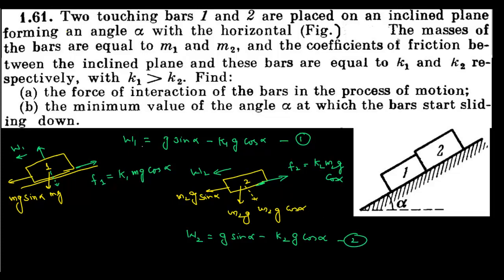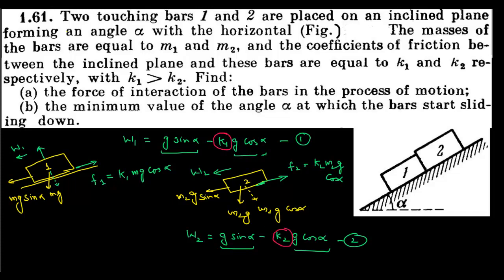Now if you compare equation 1 and equation 2, meaning the acceleration of both these blocks, this part is the same in both equations, and this factor is also the same. So the only thing we have to compare in our situation is this K1 and this K2.